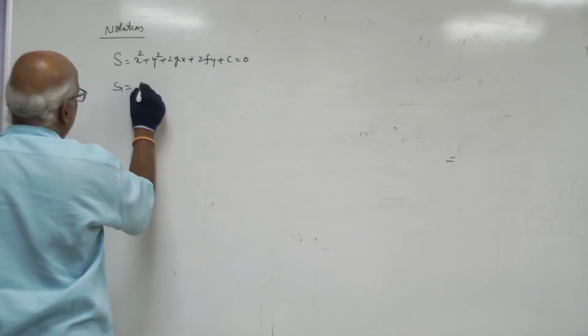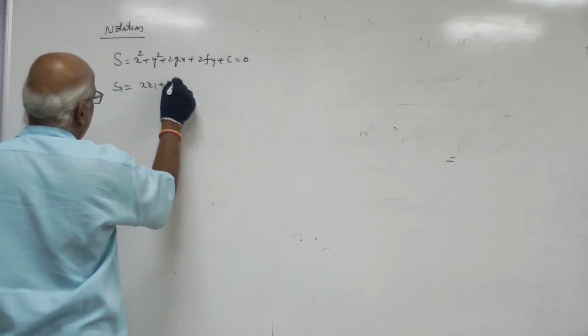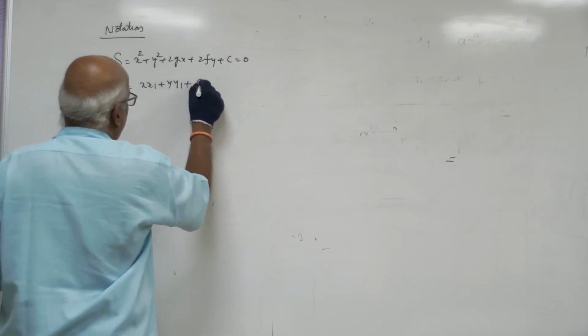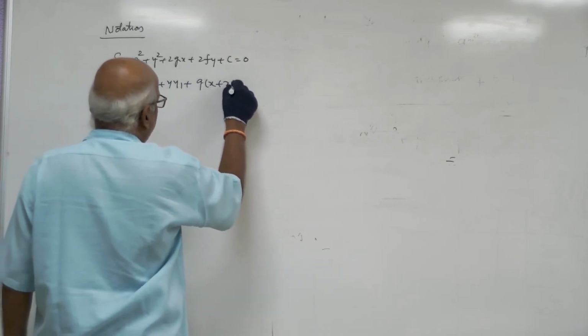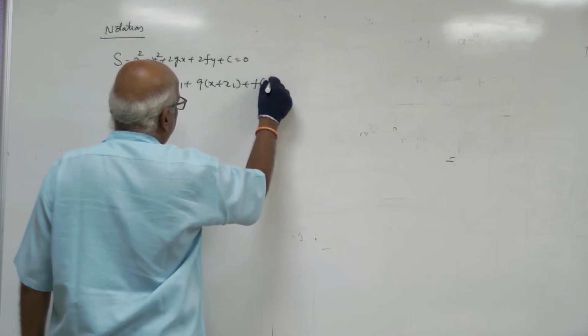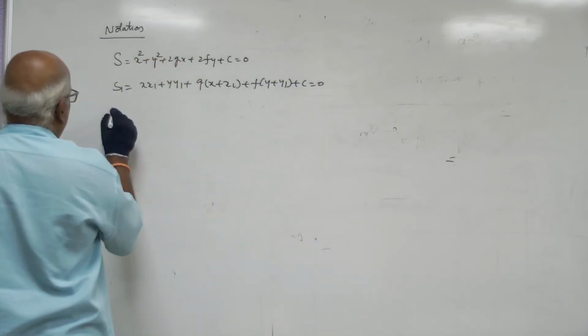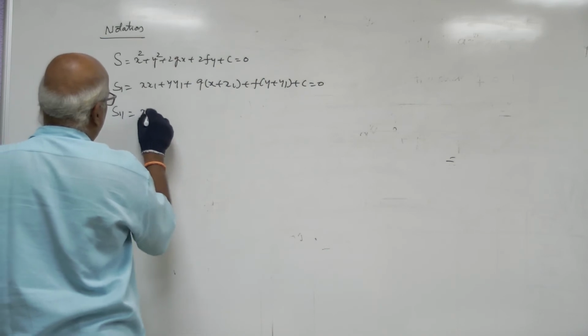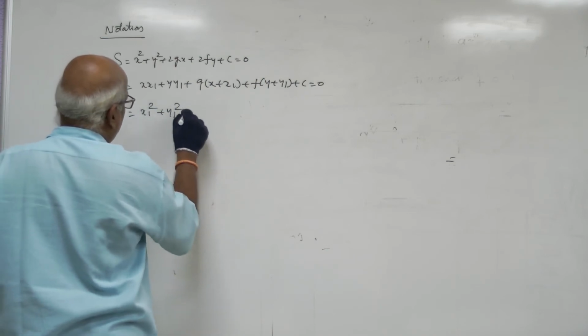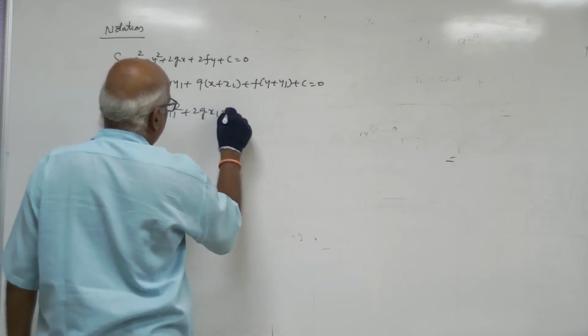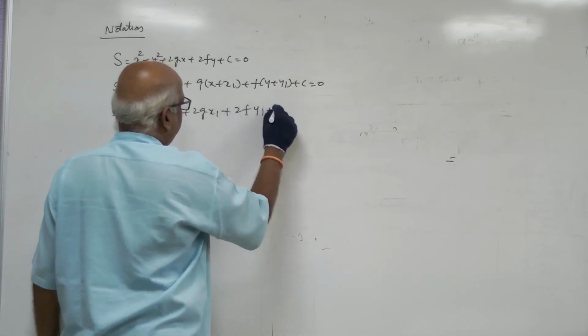S1 means xx1 plus yy1 plus g into x plus x1 plus f into y plus y1 plus c. S11 is x1 square plus y1 square plus 2gx1 plus 2fy1 plus c.